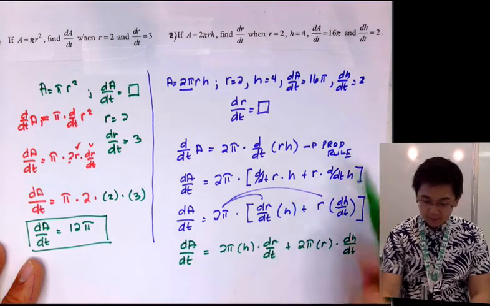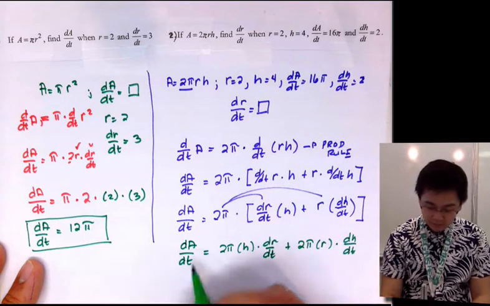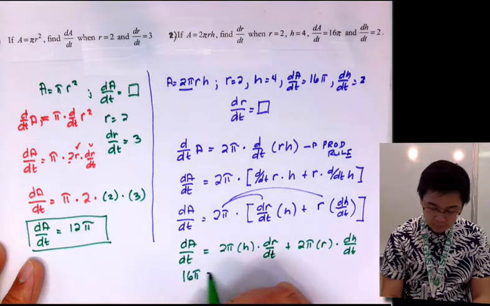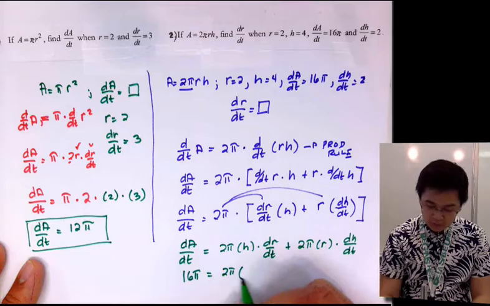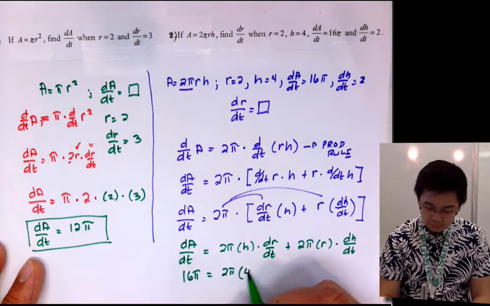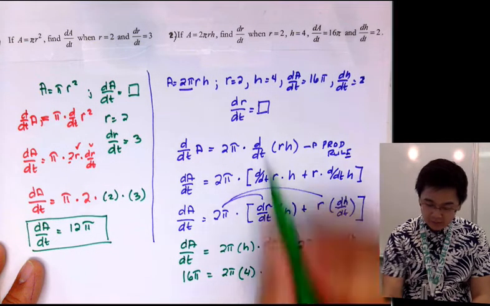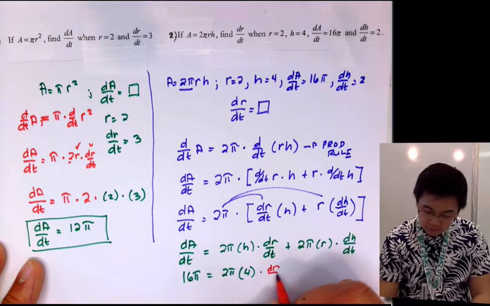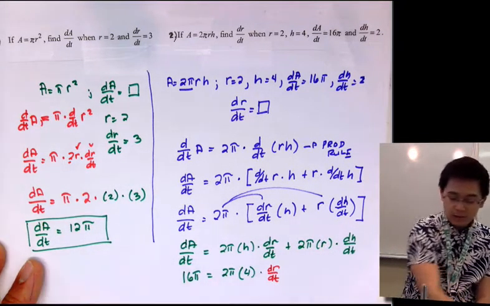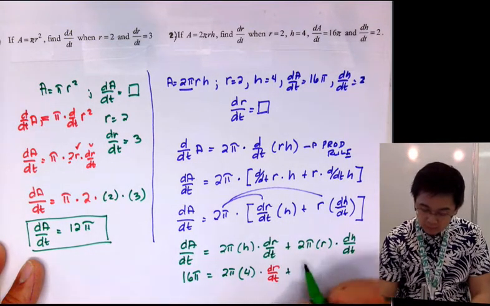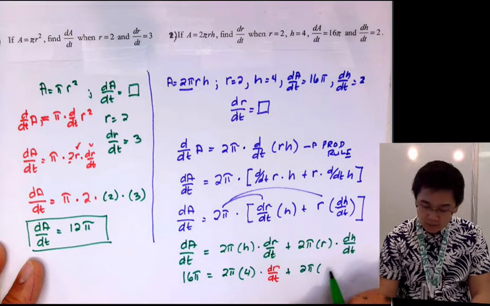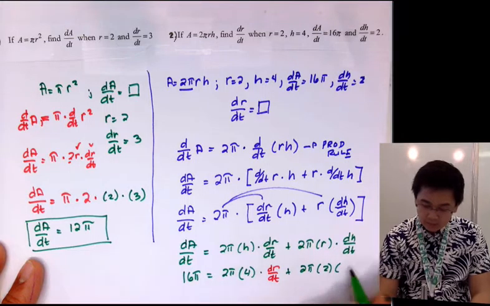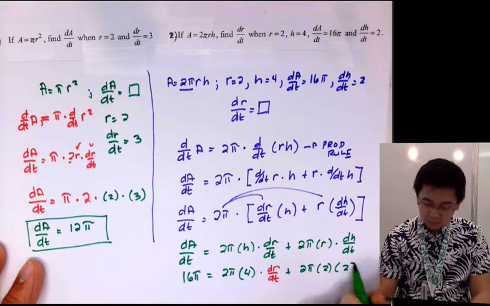So we have dA over dt, which is 16 pi, h is 4 times dr dt, which is missing, so let's just write dr over dt right here, plus 2 pi, r is 2, dh over dt, which is also 2.